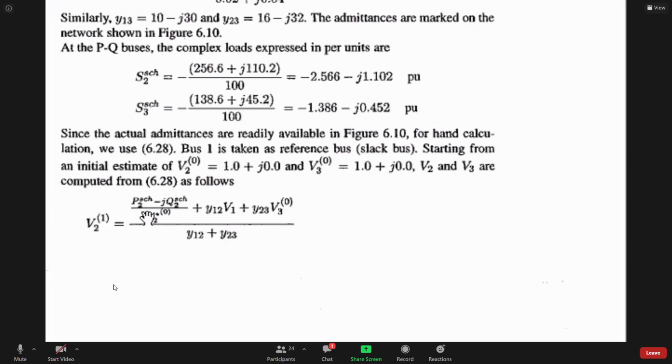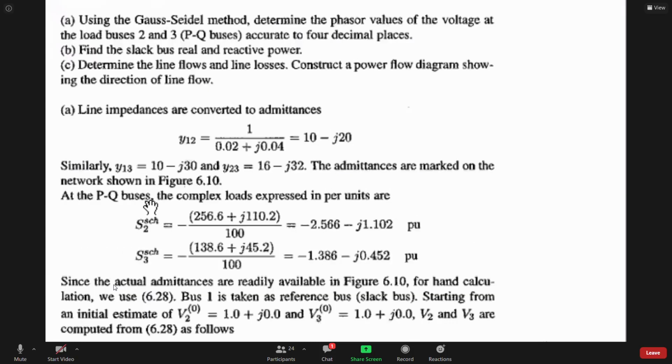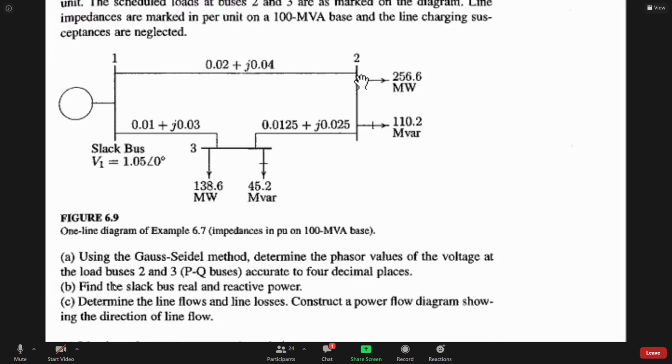In that equation, this is the scheduled load. The scheduled load was the demand, that means this is the load side, right? The load side has the consumed power, and the source side has the delivered power from the bus. But in a load bus, it is the consumed power.